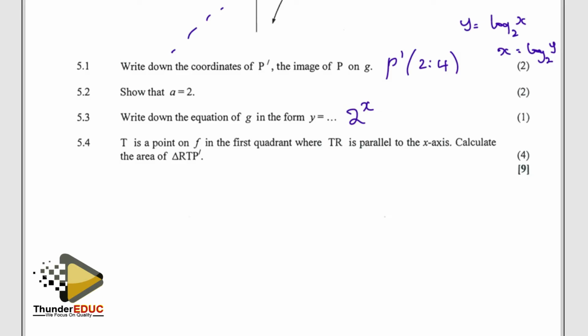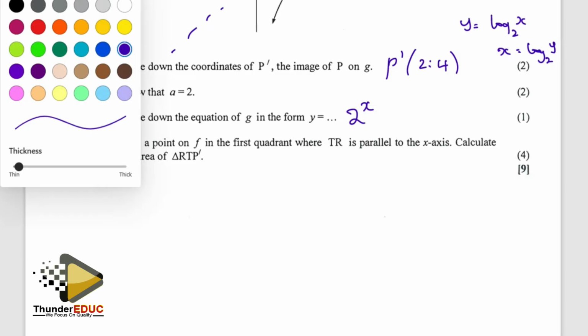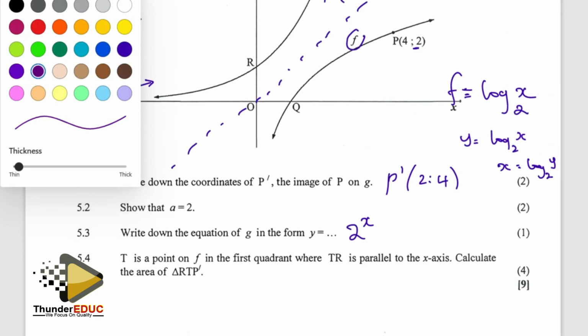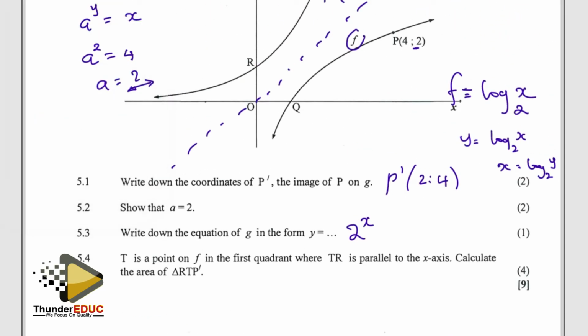Then 5.4, T is a point on f in the first quadrant. Let me just try to use a different color. T is a point on f such that the lines are parallel. What this means is that if I put my T here and I draw a line, this line must be parallel to that.